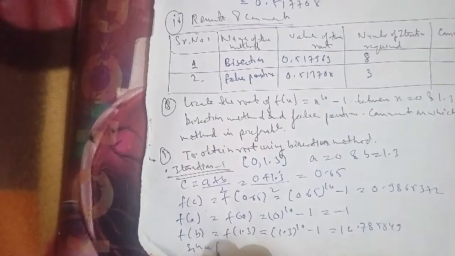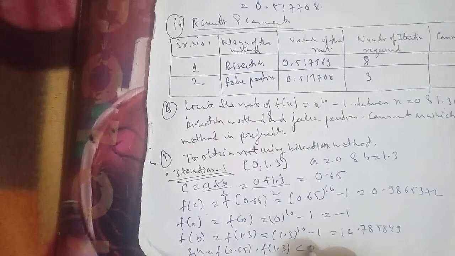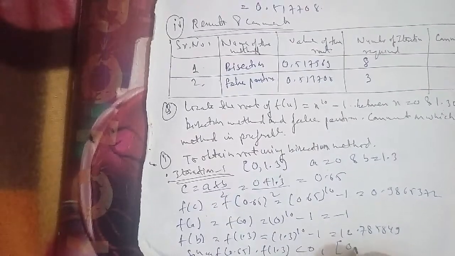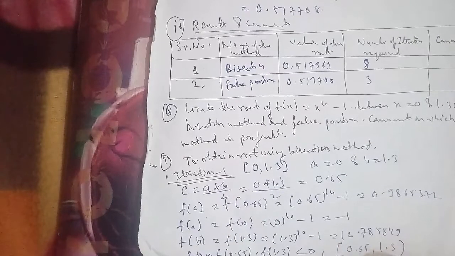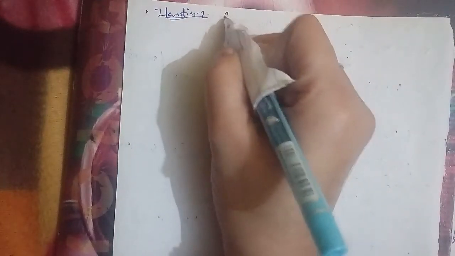Since f(0.65) times f(1.3) is less than 0, the root lies between 0.65 and 1.3 here. For the next, iteration 2, we go ahead the same way. The new interval we take is a equals 0.65, b equals 1.3.